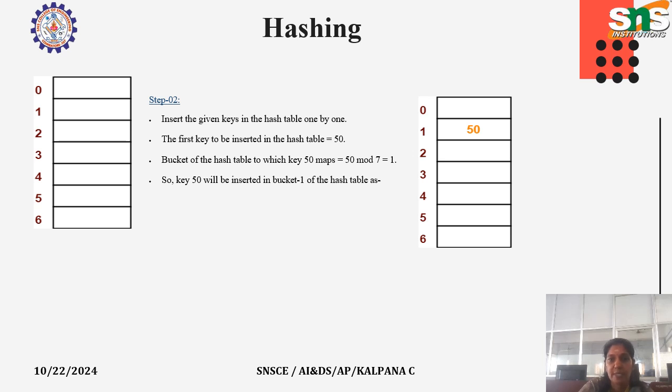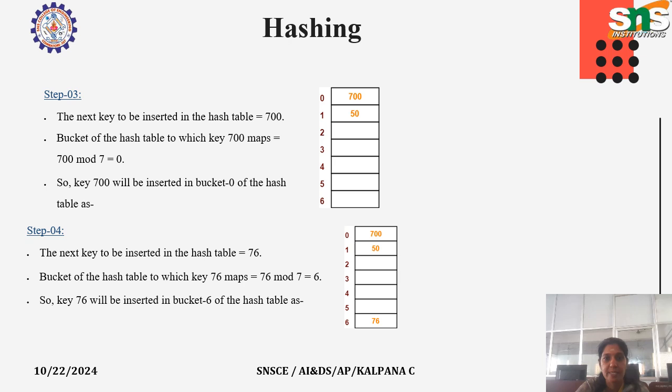The first element is 50. 50 modulo 7 gives remainder 1, so at location 1 I insert 50. This way I can do the insertion process.